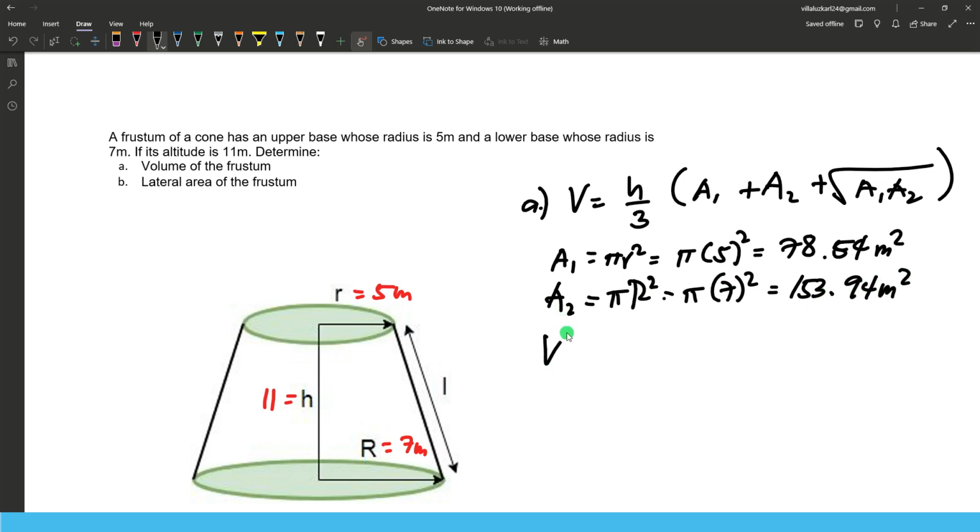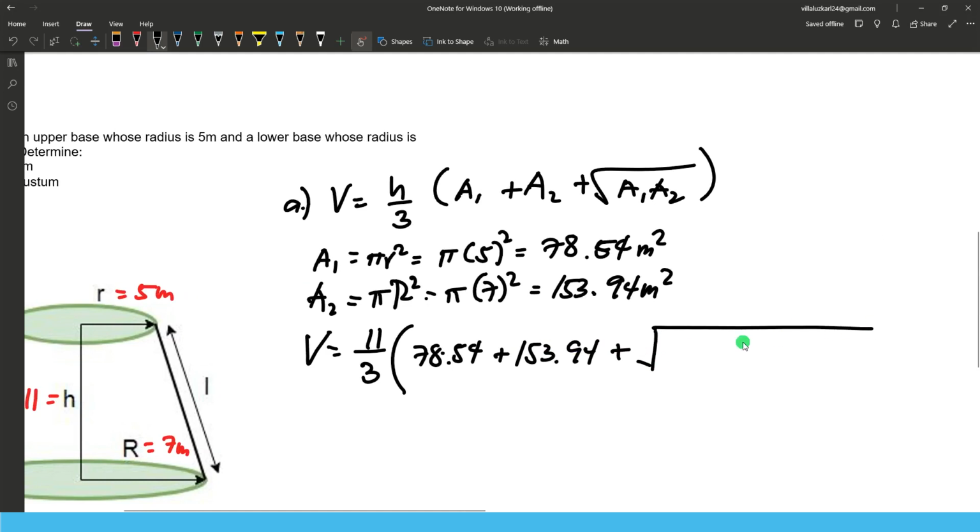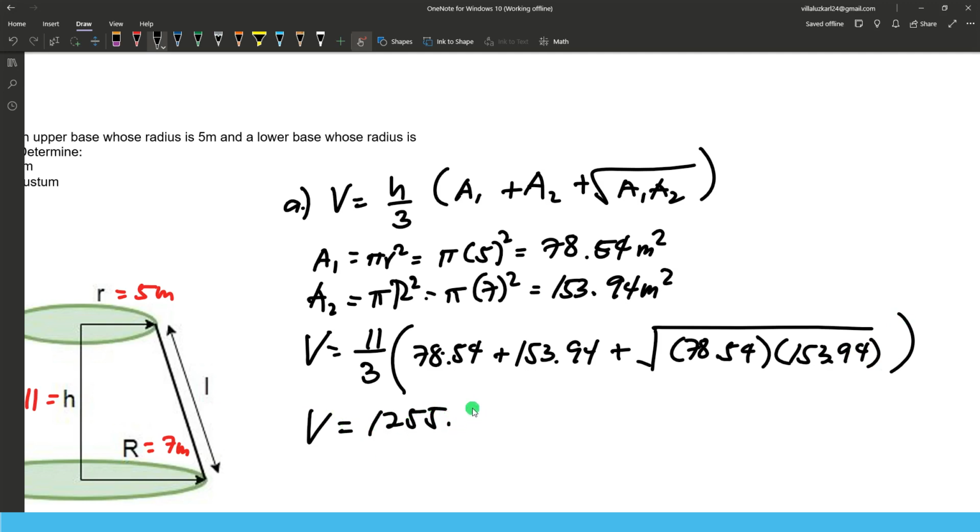For the volume, substitute all the givens: 11 over 3 times 78.54 plus 153.94 plus the square root of the product of the areas, 78.54 times 153.94. The volume is 1255.601 cubic meters.